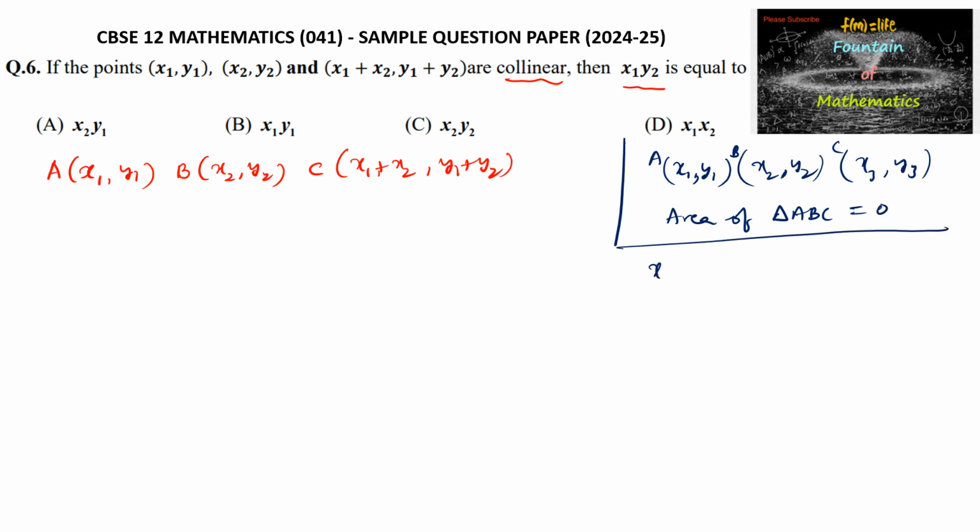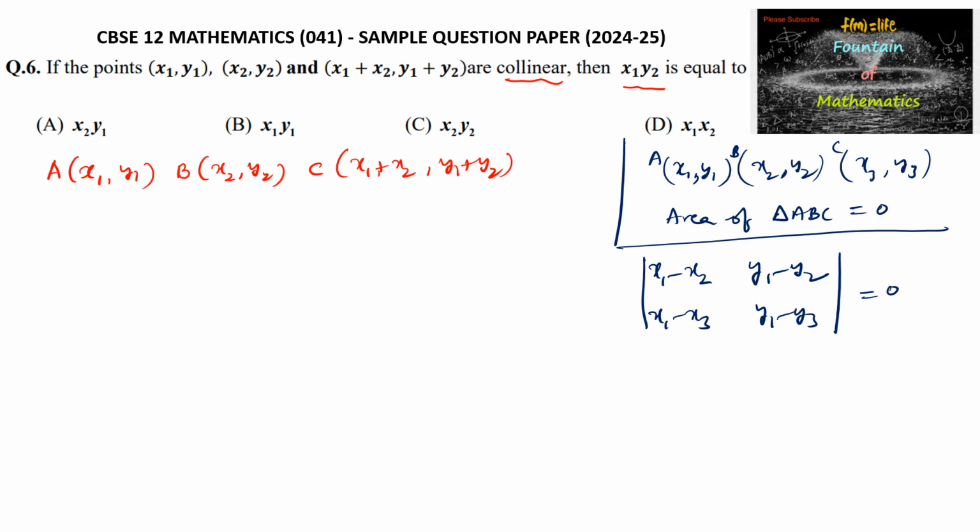In this case we can use the condition that the determinant of x1 minus x2, y1 minus y2 and x1 minus x3, y1 minus y3 is equal to 0. So let's use the same condition here since they are collinear.